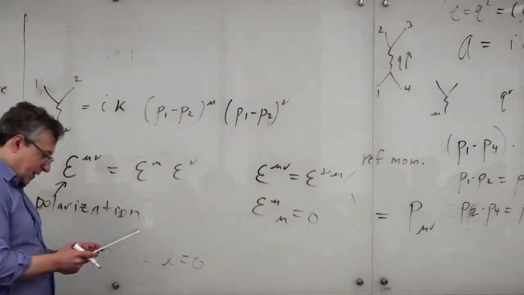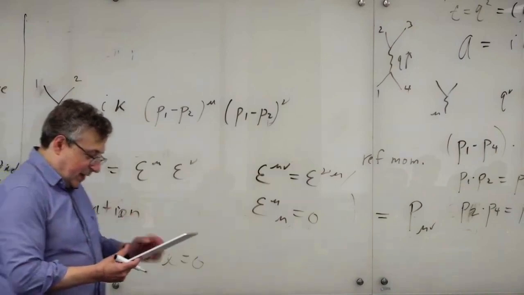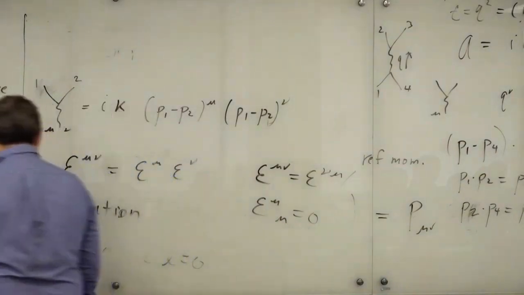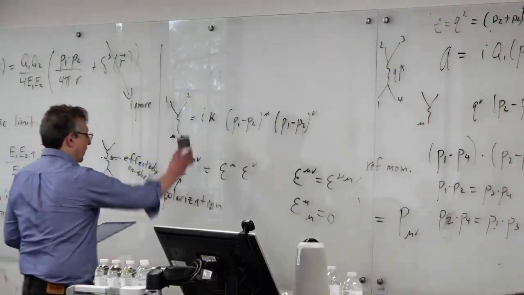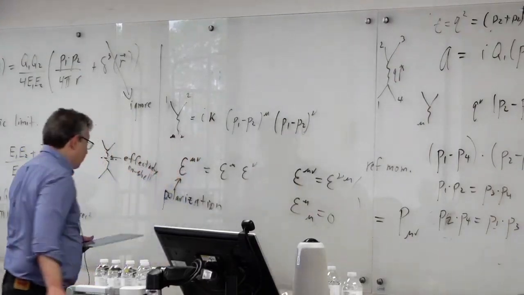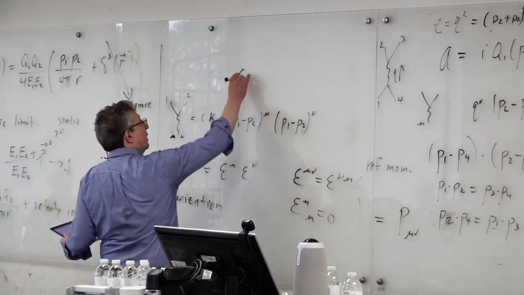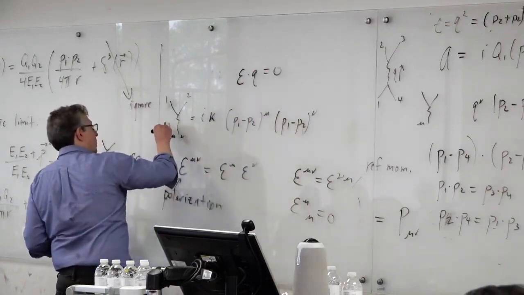Okay? So now let's go ahead and calculate. So first, a 3-point amplitude. Well, there it is. I can maybe clean it up slightly because epsilon dot q equals 0. This is q.